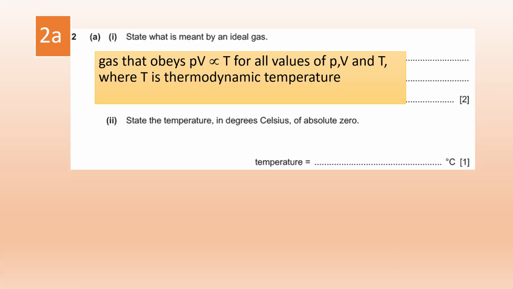I think most of them don't use it anymore since 2022. Previously they accepted that, but now they don't accept it already. An ideal gas must obey the ideal gas equation at all pressure, volume, and temperature. And T is the thermodynamic temperature. That's important.